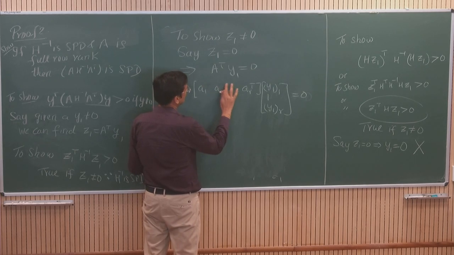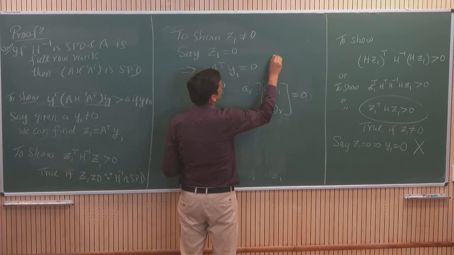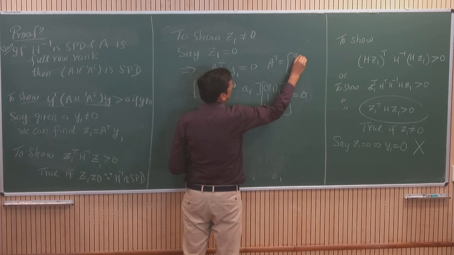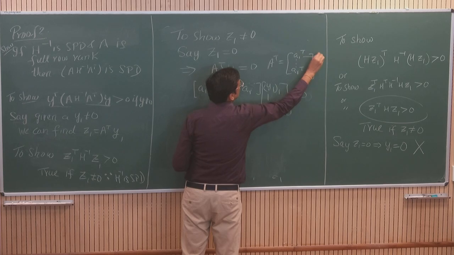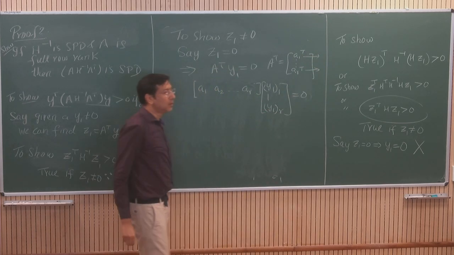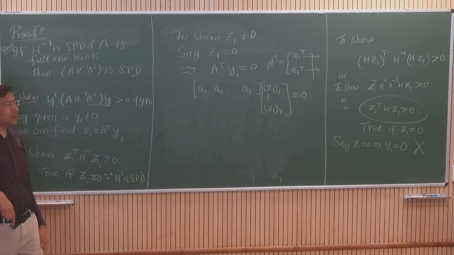This transpose should not be there, because A transpose was A1 transpose to AR transpose, where these were all rows. Once I do the transpose of that, they just become the columns. Correct?